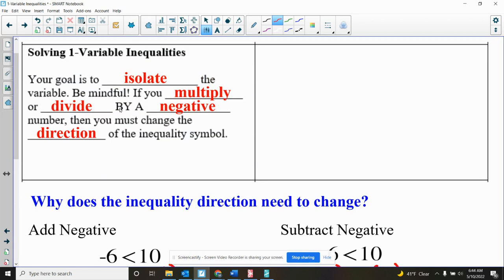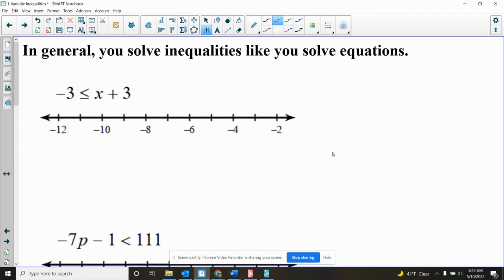If you multiply or divide by a negative, then you got to change the direction of the inequality. The rest of this lesson, we're just going to work through lots of examples. So come back to this as often as you like. I encourage you to pause as we look at these and try them yourself, and then unpause when you're ready to check them. We're going to solve the inequalities and graph the solutions.